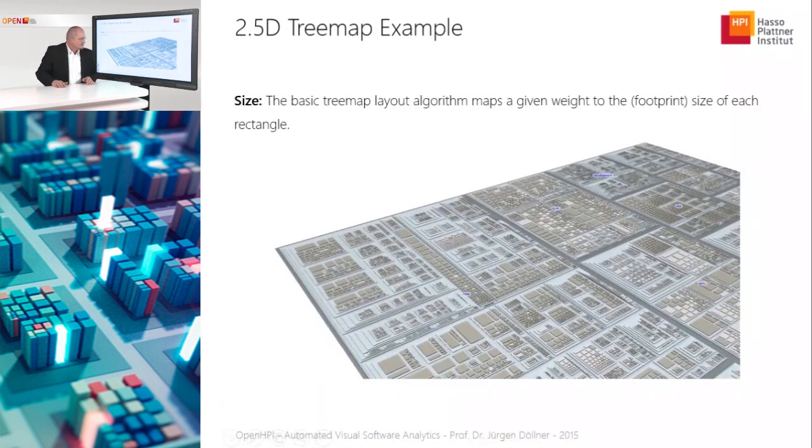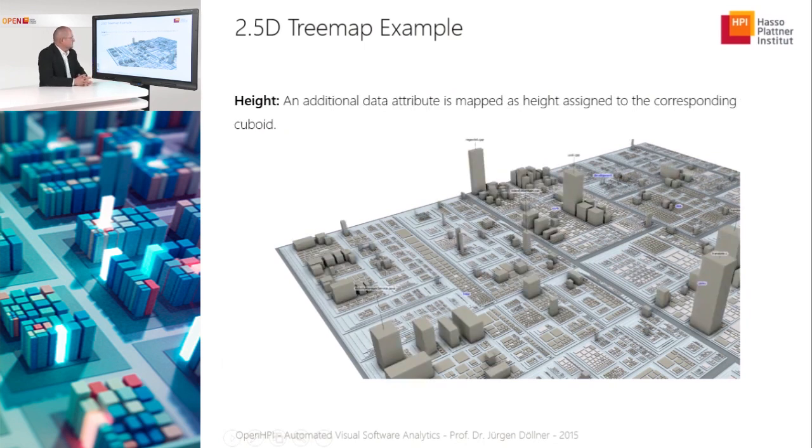Now let's explain the principle of 2.5-dimensional tree maps along this example. We see here a 2.5-dimensional tree map. Given weights are mapped to the footprint size for each rectangle. Next, let's add a mapping that defines the height.